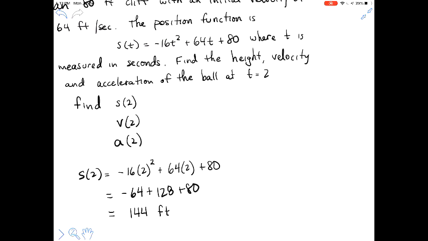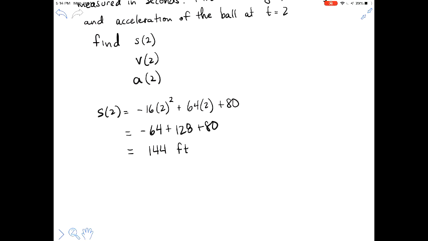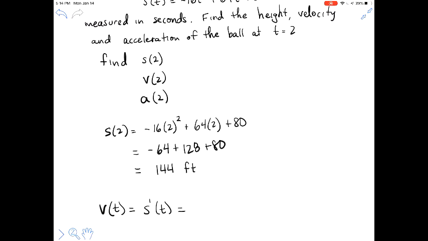So what this is saying is the ball was thrown upward, started at 80 feet, so after 2 seconds the ball has gone up as high as 144 feet. At this point I'm not sure if it's still traveling upward or traveling downward, but we know the height is 144 feet. Now, we need to find the velocity at 2 seconds, so velocity is equal to the derivative of position, so it's going to be the derivative of our position function.